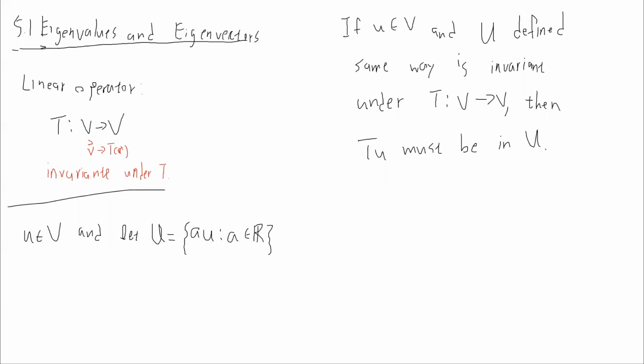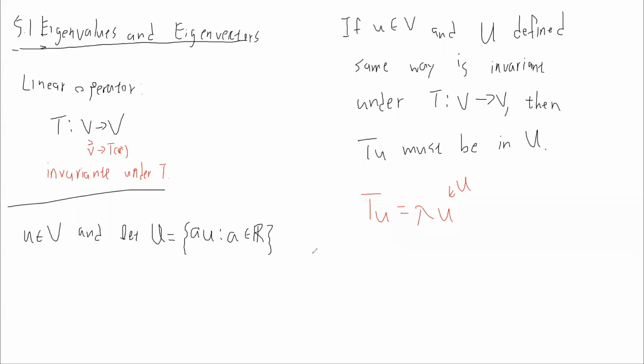That brings us to our second point. If T u is in the subspace capital U, that means T u, this operator applied to the vector, can also be represented by some scalar lambda multiplied by u. Because we know this is in capital U, and that's the definition of being in capital U: it is a scalar multiple of u.